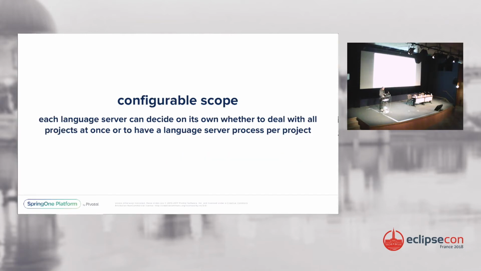Another thing that's really nice about the language servers, and this is also a specific part of the protocol, is that you can decide on your own when implementing the language server what the scope of your language server should be. So for example, there are language servers out there that are specifically scoped to work on one project.